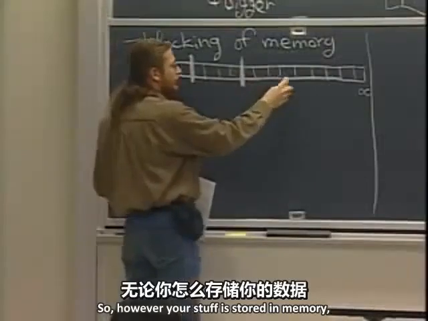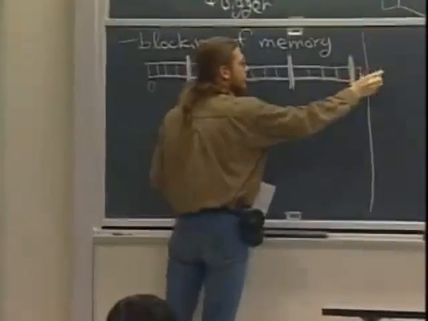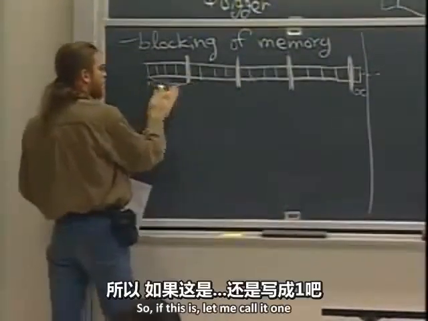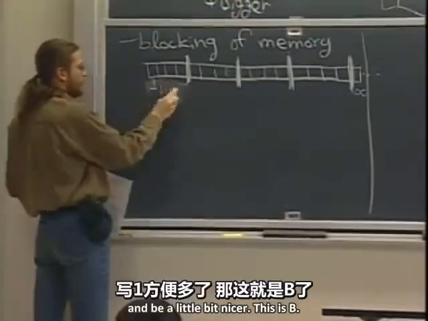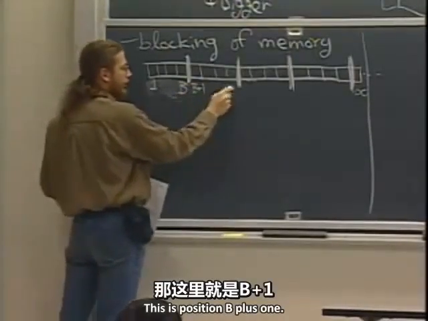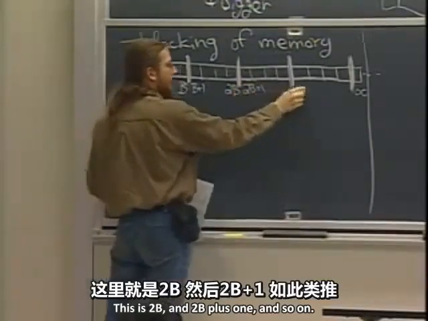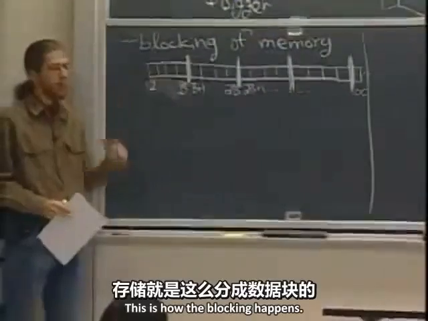So however your stuff is stored in memory, it's blocked into clusters of length B. So if this is 1, this is B. This is position B plus 1. This is 2B, and 2B plus 1, and so on. These are the indexes into memory. This is how the blocking happens.